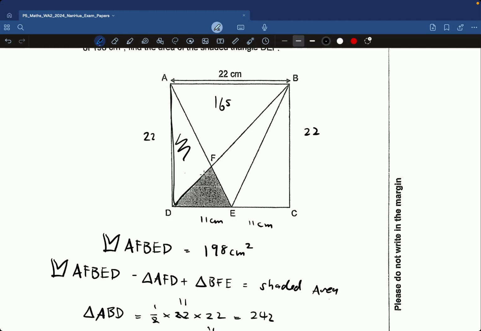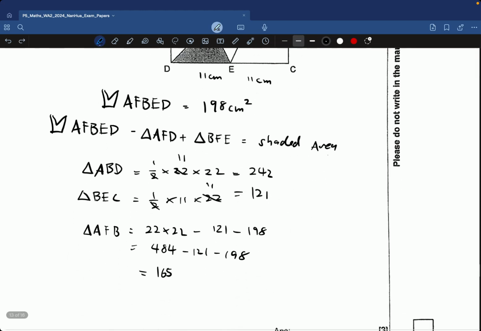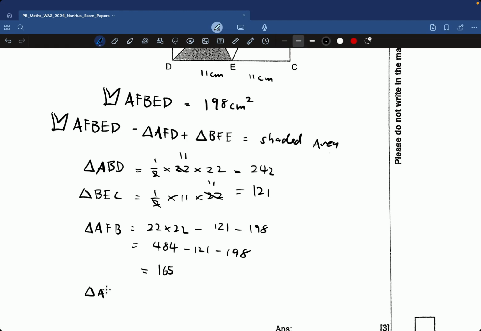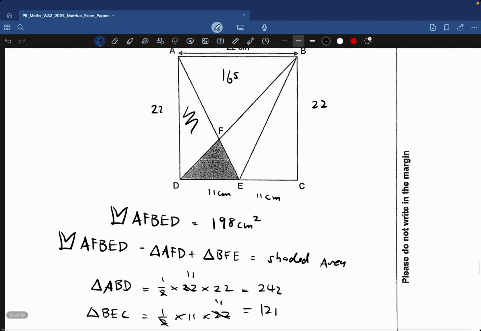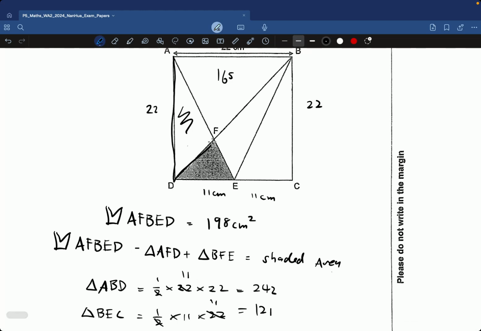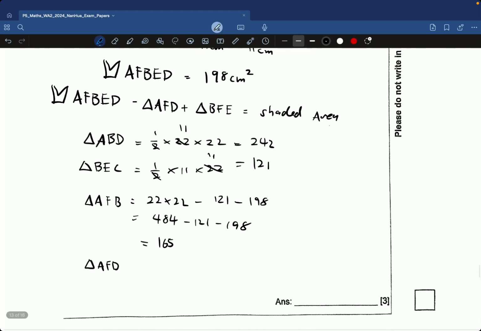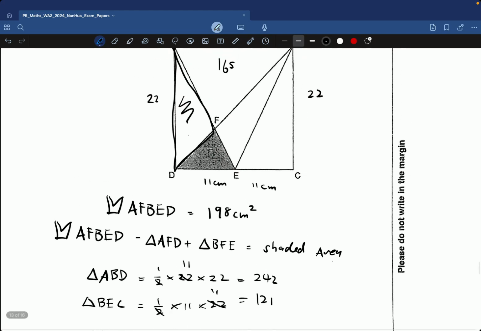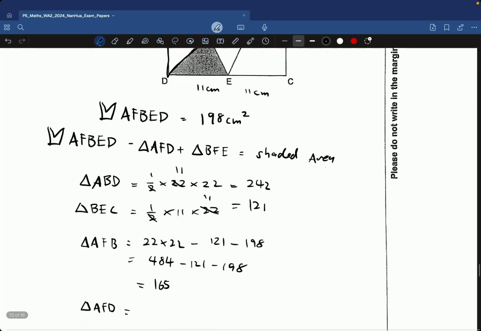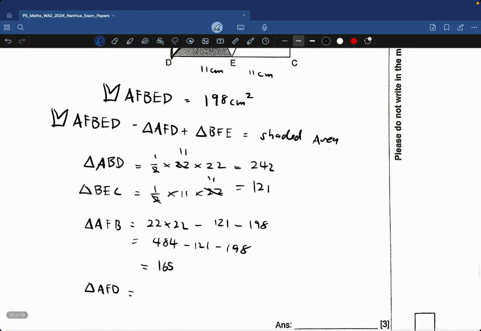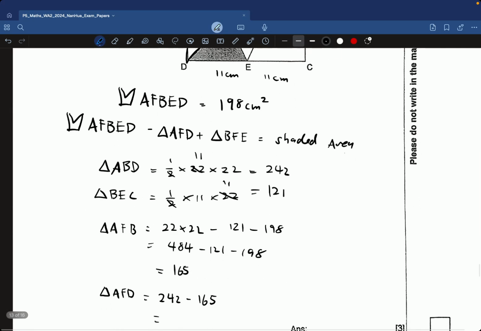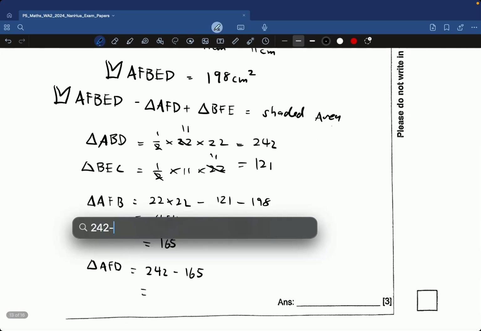So since we know this half over here is ABD, triangle AFD, right, which is this one over here, is equal to the half of ABD, which is 242, minus 165, right, which is equal to 242 minus 165.